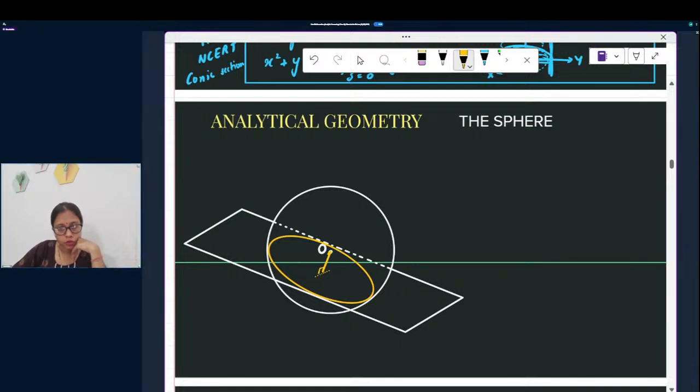And then from this point, let's take that to be C, I have joined it to the boundary point.